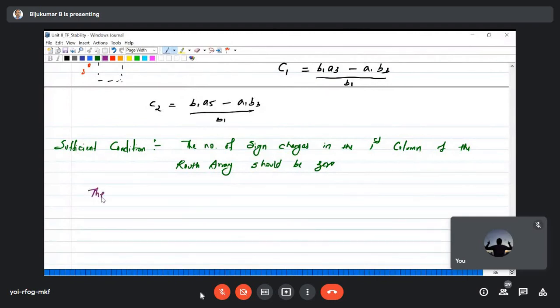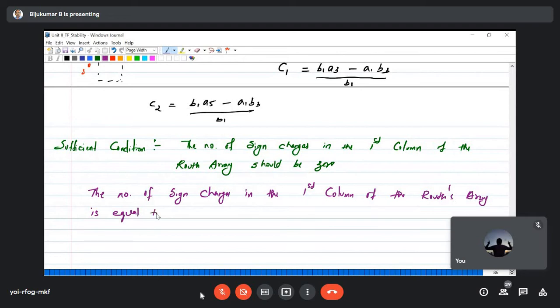the number of sign changes. Suppose there are sign changes, that means the number of sign changes in the first column of the Routh array is equal to the number of roots in the RSP.